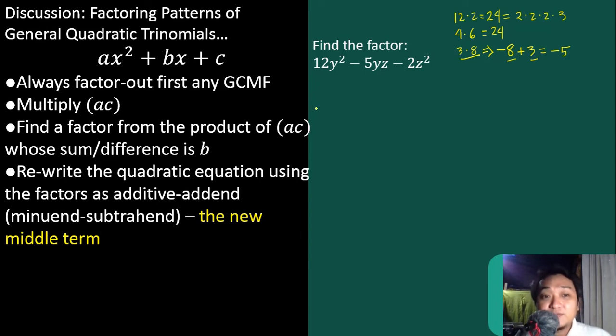Now, we are going to rewrite the quadratic equation using the factors as additive addend or minuend subtrahend, and it will be our new middle term. In short, we are going to expand the middle term.